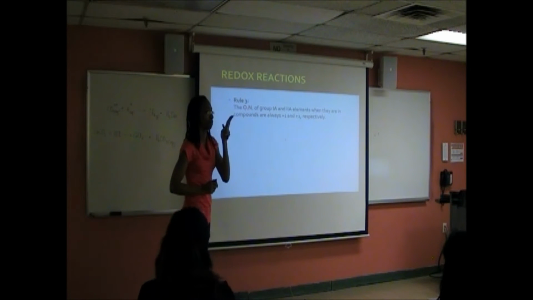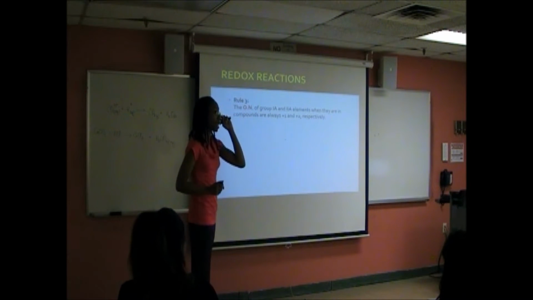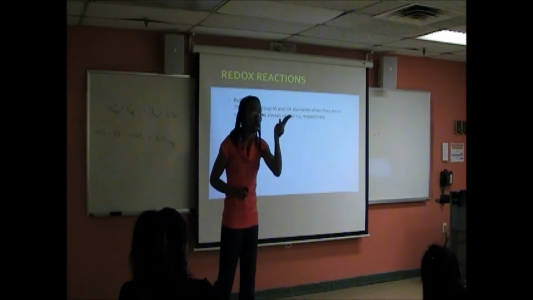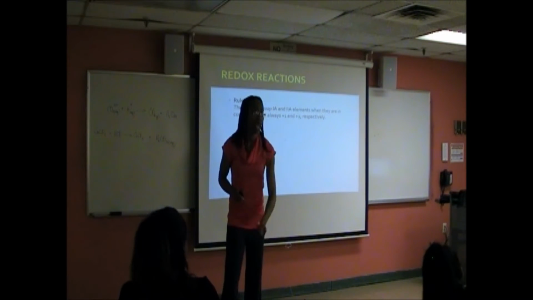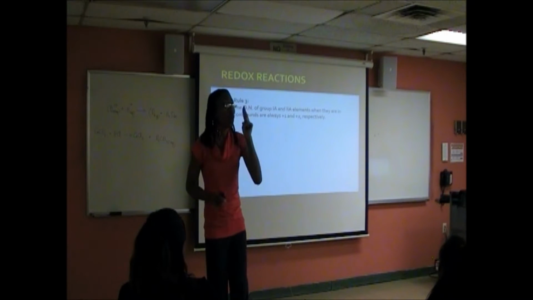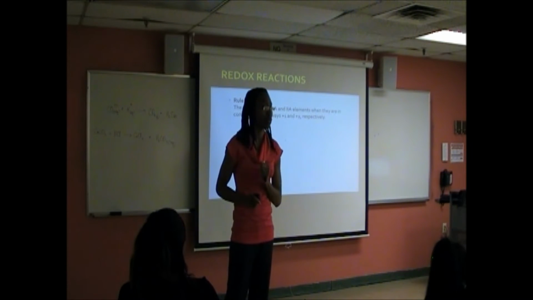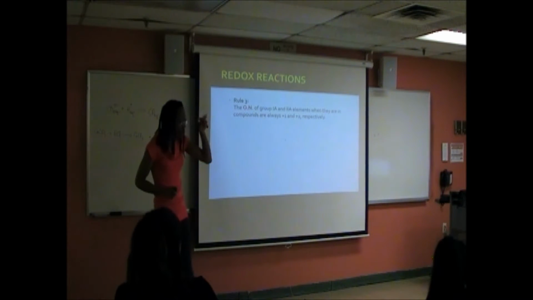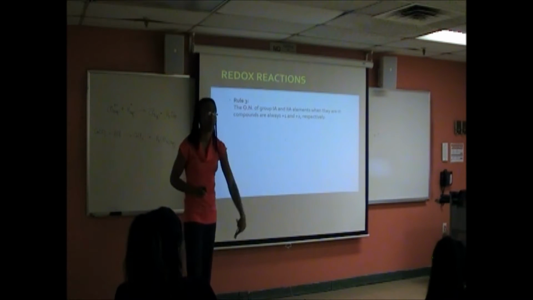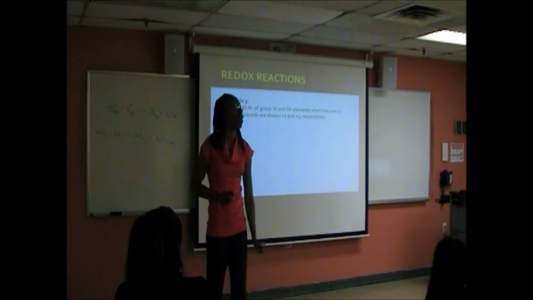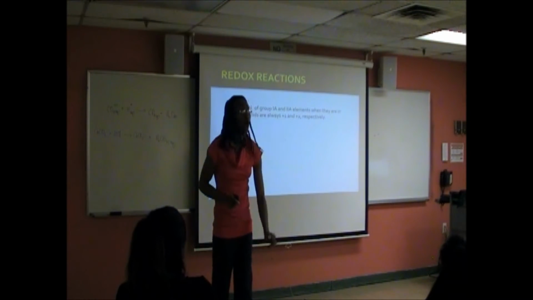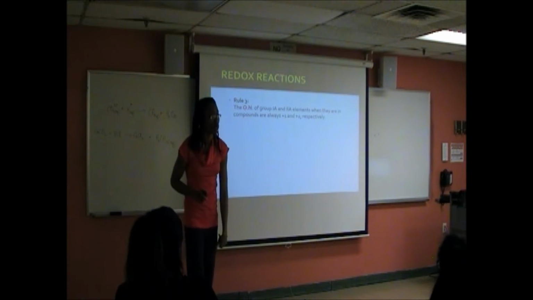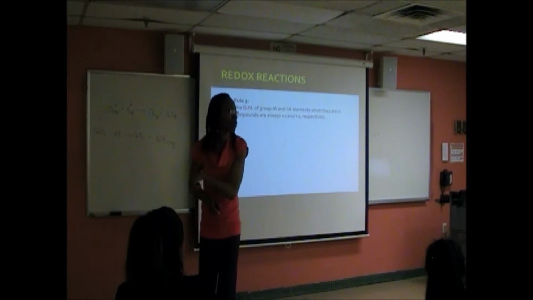Rule number 3. Again, in a compound, if you have elements of group 1A or group 2A, their oxidation numbers will be equal to their charge. Everybody in group 1A will have a +1 oxidation number. Everybody in group 2A will have an oxidation number of +2 in a compound.